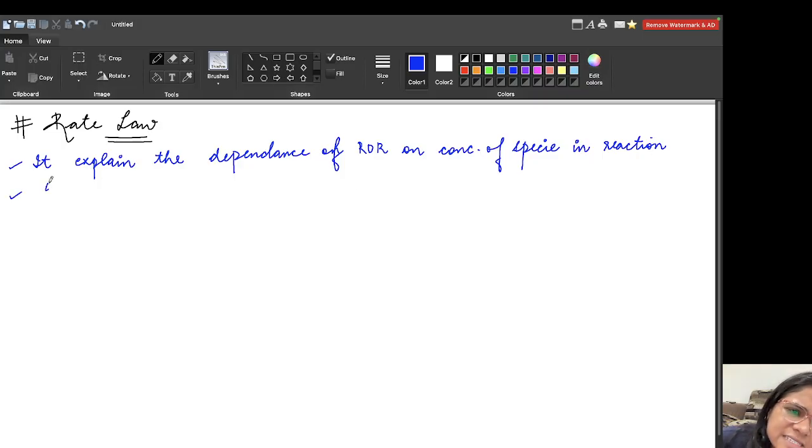And it is actually very complex, because the reactant is continuously decreasing and the product is continuously increasing, right? This dependence is very complex, as it changes with change in concentration of species.